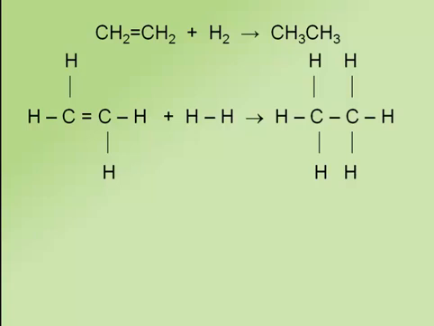You have two options on how to solve these. You can account for every one of the bonds shown. You can break all the reactant bonds and form all the product bonds. Or you can look for bonds that reform exactly the same as before and leave those out of the calculation. For example, here you have an H to C to H set of bonds that reforms in exactly the same way on the product side.